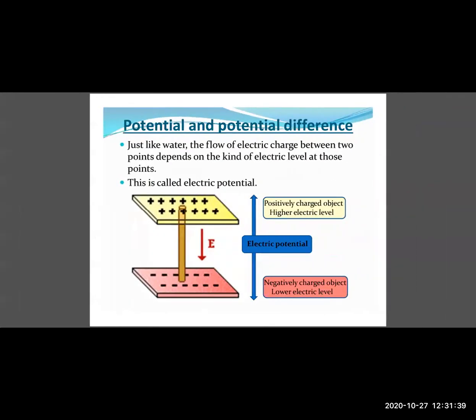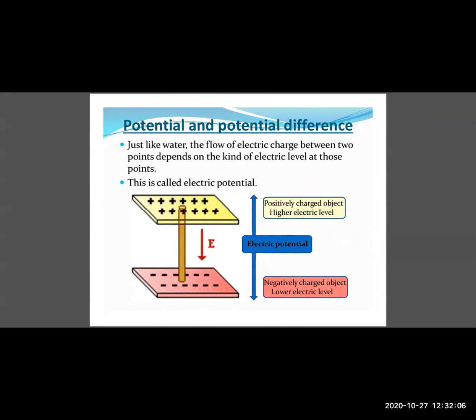Now, just like water, the flow of electric charge between 2 points depends on the kind of electric level at those points. This is called electrical potential or electric potential. Let us look at the diagram here. You have two plates, which act as electrodes. The yellow plate at the top has a positive charge, and the red plate below has a negative charge.